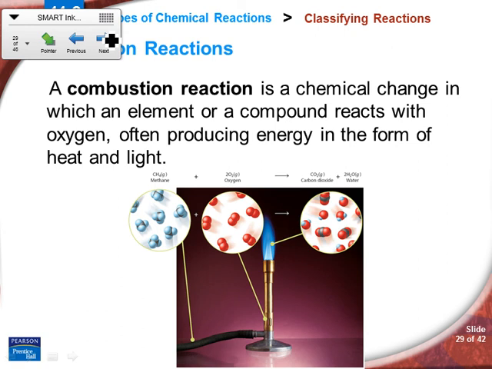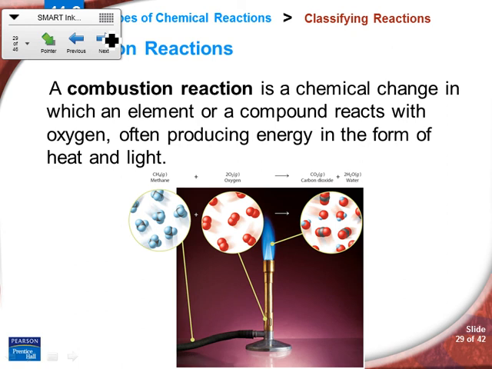So, the very broad definition of combustion is anytime you're burning something in the presence of oxygen and it produces heat and light. We're going to use a more narrow definition for most of the ones that we do. Usually our combustions are going to be burning organic compounds. Organic means it has carbon in it, and usually carbon and hydrogen.